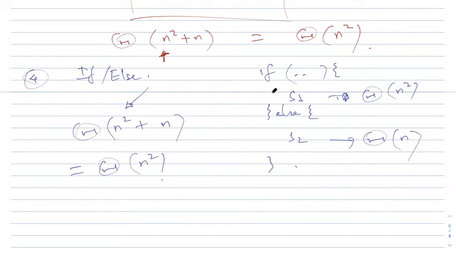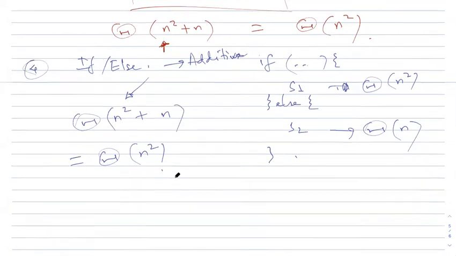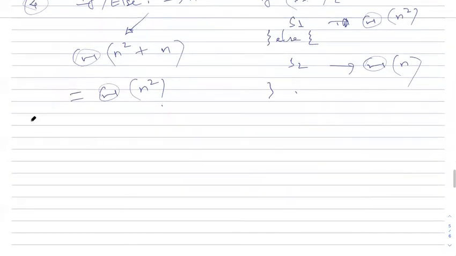So therefore, there's no harm in this also being additive. So all the mutually exclusive sections can be additive and you still would not have any problem reaching an appropriate bound. Question? Is it clear?